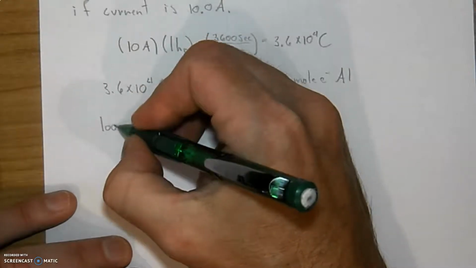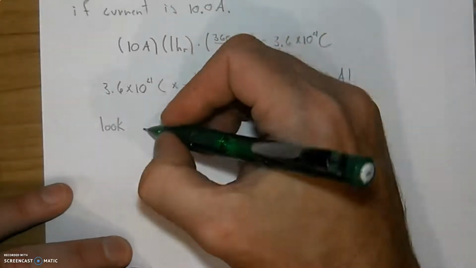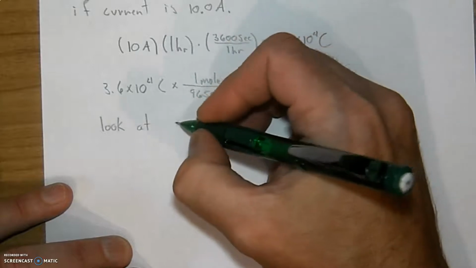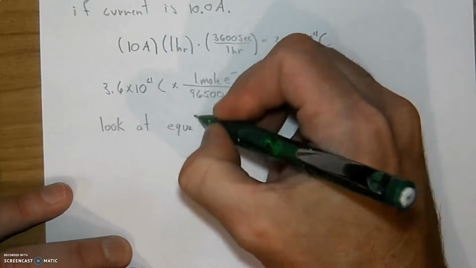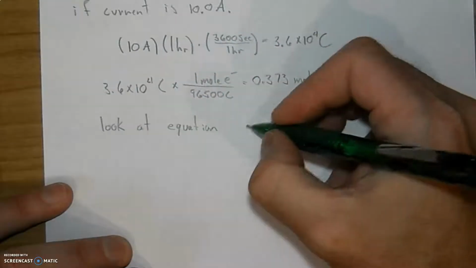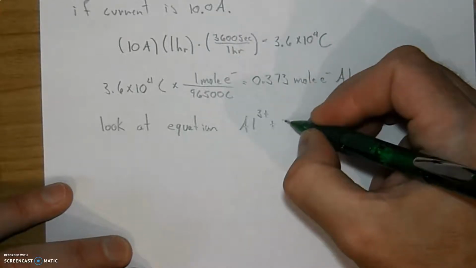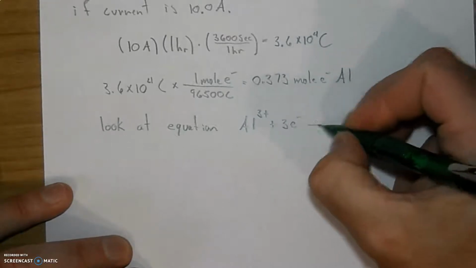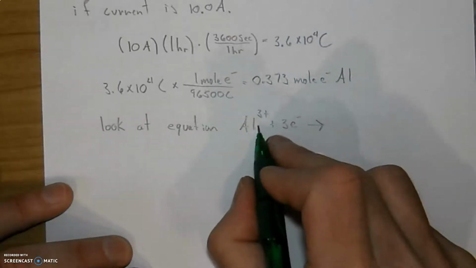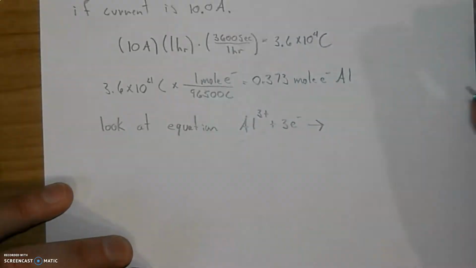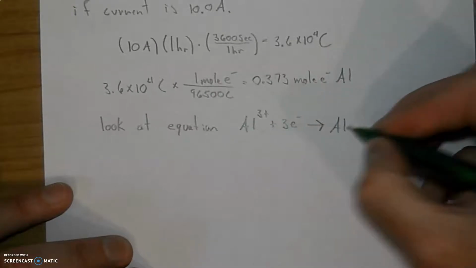Now, I need to analyze what will go on with aluminum. Like a reduction equation, aluminum requires 3 electrons to transfer from the aqueous solution, aqueous aluminum, over to aluminum metal.